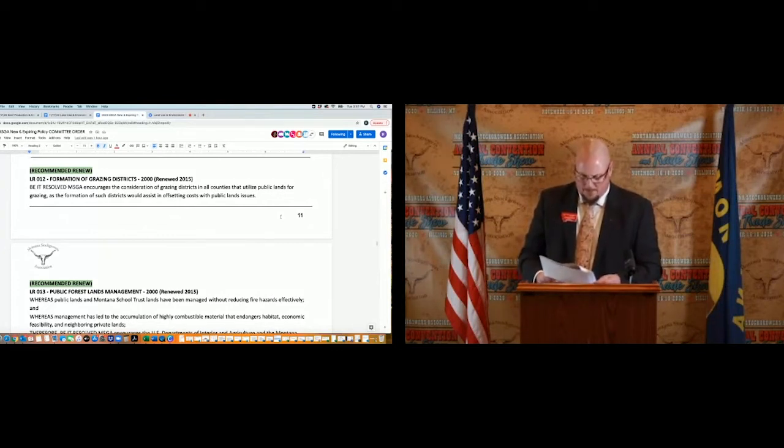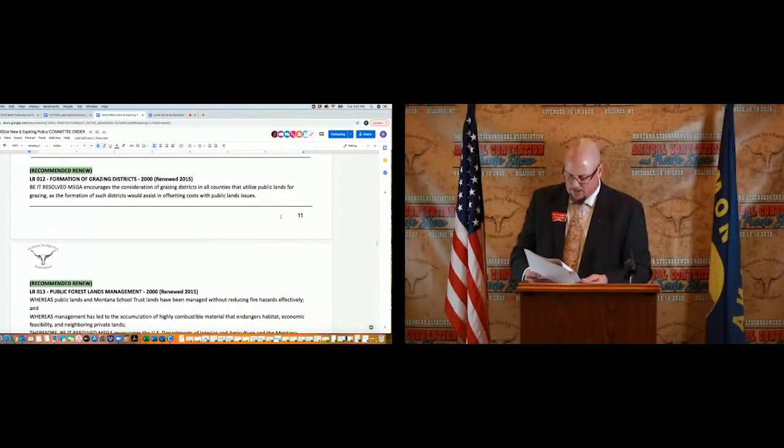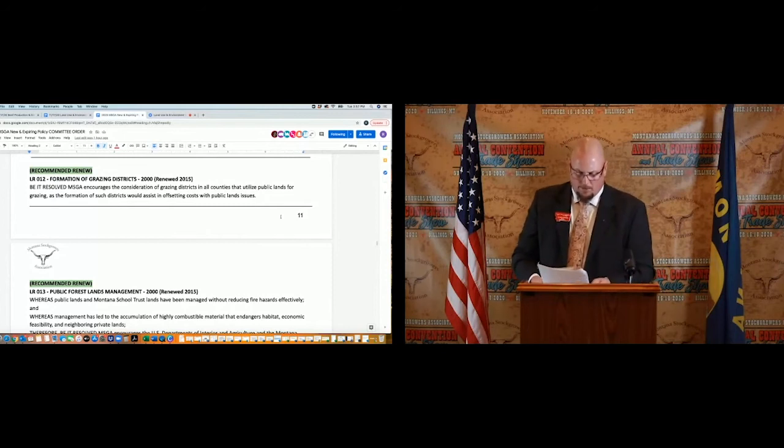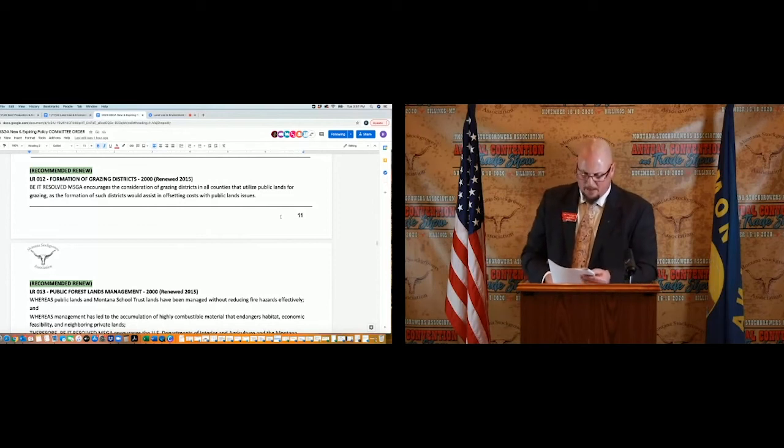Therefore, be it resolved, MSGA encourages the U.S. Departments of Interior and Agriculture and the Montana Department of Natural Resources and Conservation to employ management practices that best economically utilize public land resources, and that said management practices concentrate on reducing fire hazards and include the use of grazing to do so. Recommend renew. LR 014, use of fire damaged resources. Be it resolved, MSGA and the Montana Public Lands Council support timely and wise use of burned state and federal lands through reasonable salvage timber and grazing programs that are beneficial to the long-term use of renewable resources.